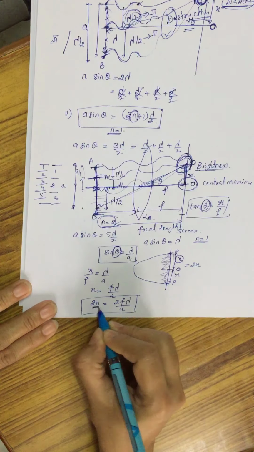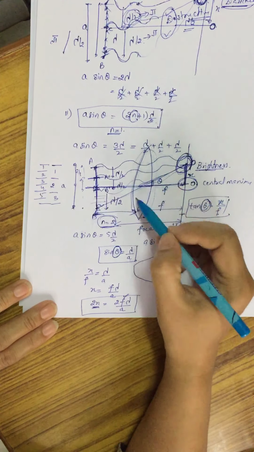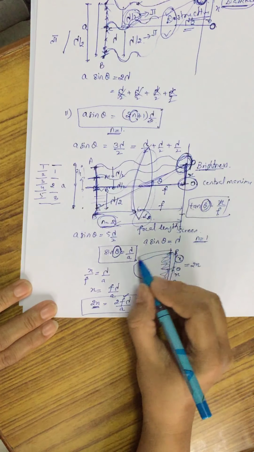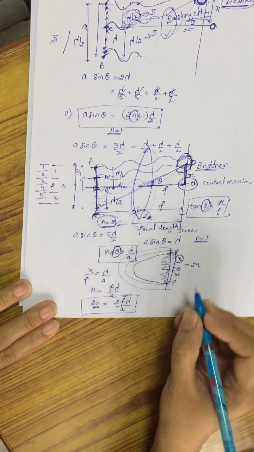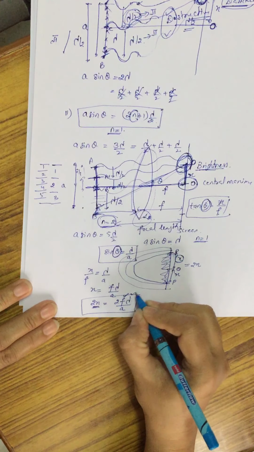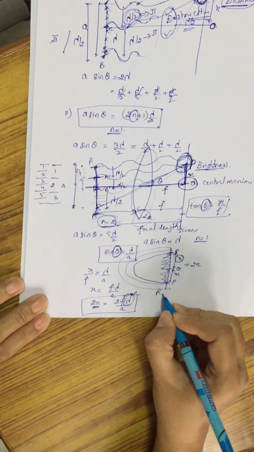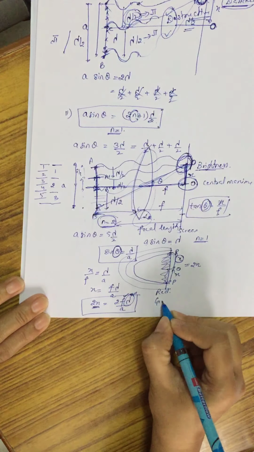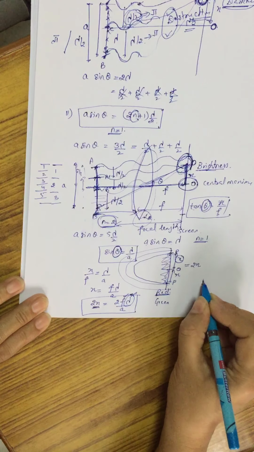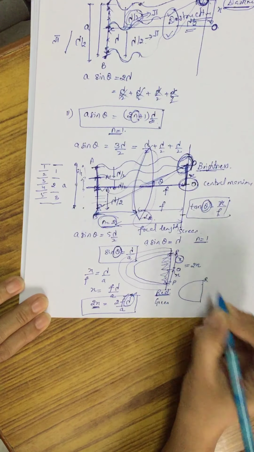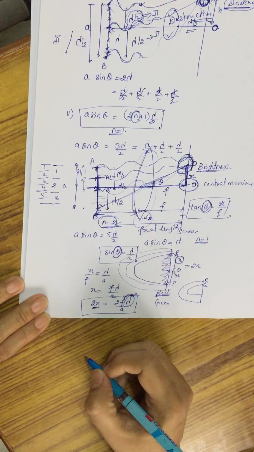As we know, the width depends upon the focal length. If the second lens has a large focal length, then the width goes on increasing. The second factor which affects the width of the central maxima is the monochromatic wavelength. If we use red light instead of green light, the width of the central maxima is large for red, and for green the width of the central maxima is small.